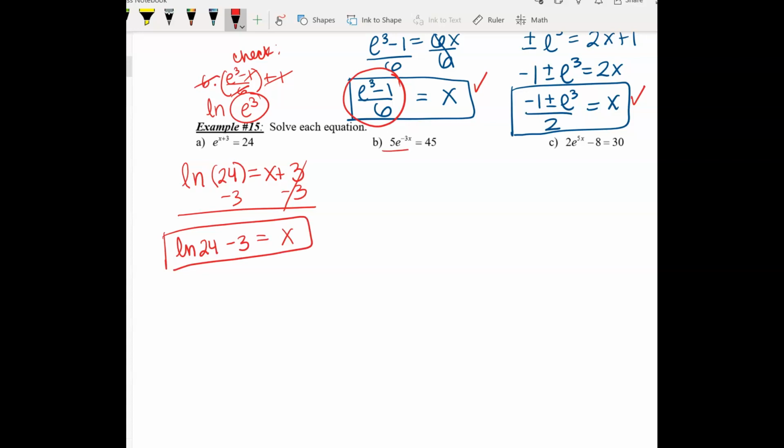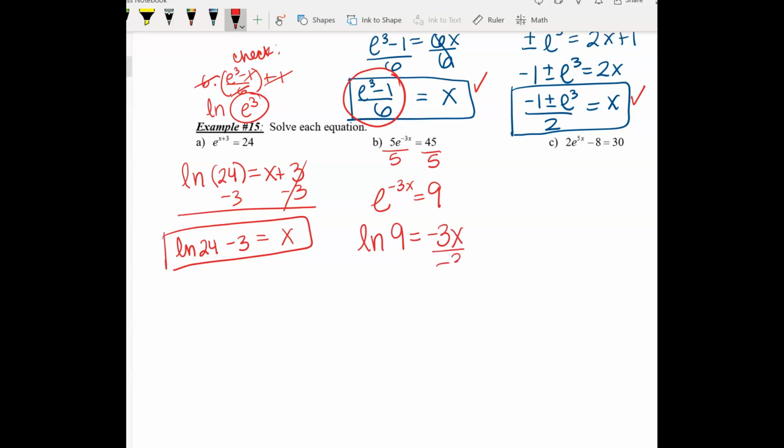For part B, I would first want to divide by 5. So I would have e to the negative 3x equals 9. I'm not going to rewrite 9 with a base of e. That doesn't seem very possible for me personally, so I'm going to use a logarithm. So I'm going to rewrite log base e, or natural log, of 9 equals negative 3x.